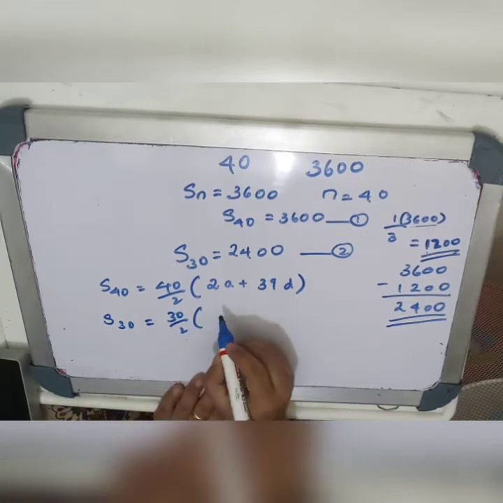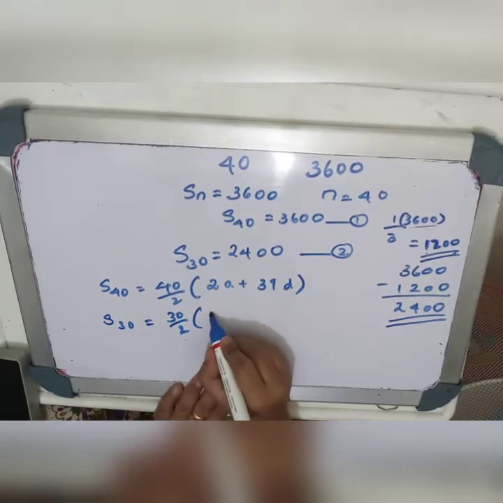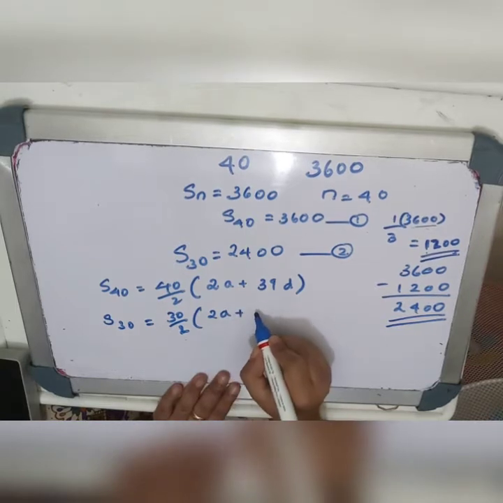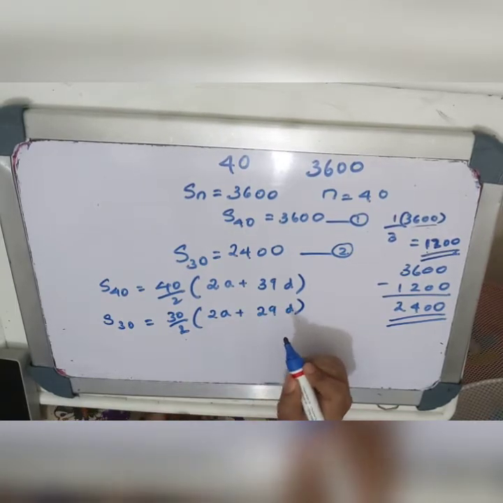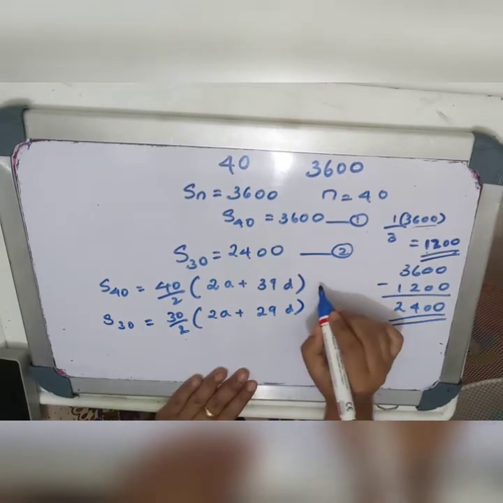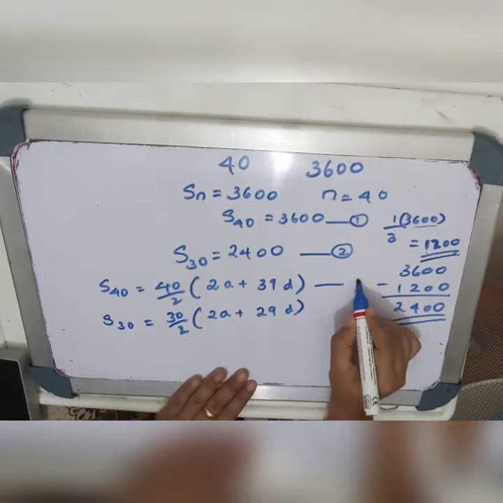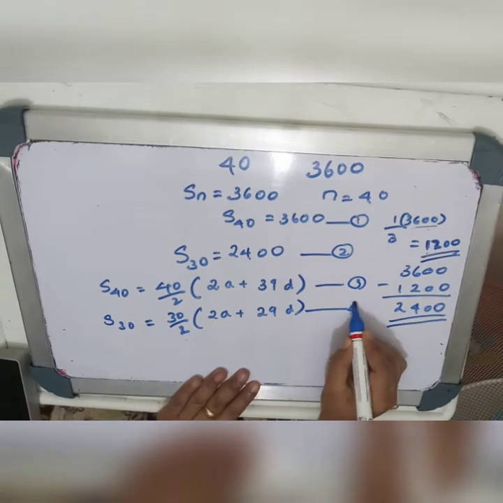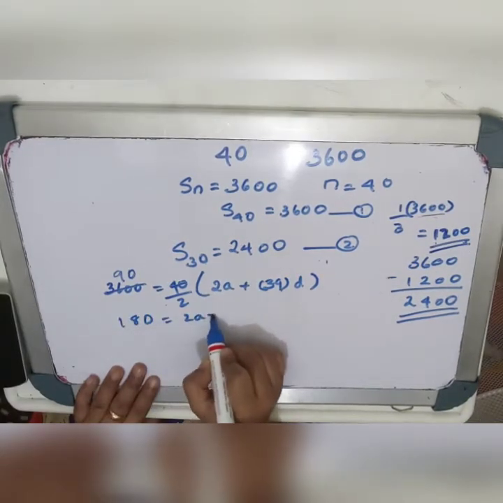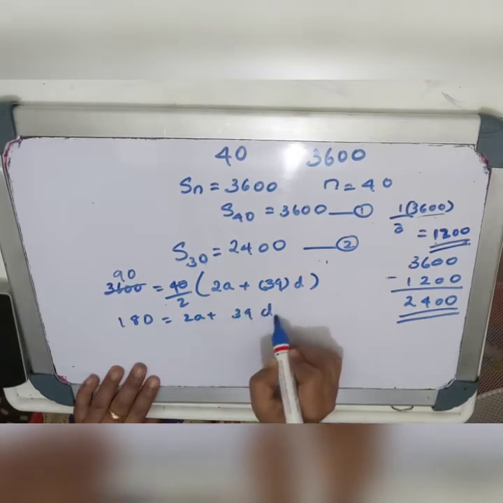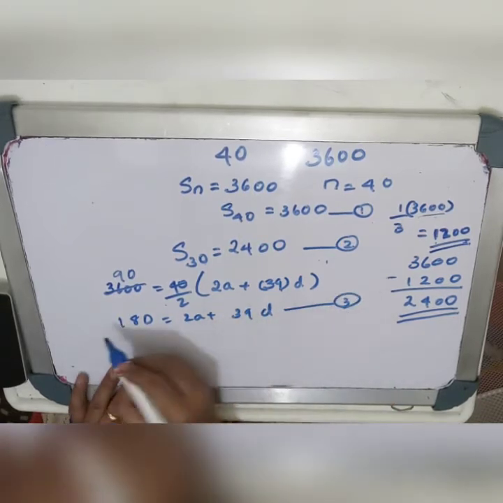We know only the value of n. S30 is 30 by 2 into 2a plus 29d. Okay. So this is the next expression. These two are the two expressions. So 180 is equal to 2a plus 39d. This is one of the expressions.